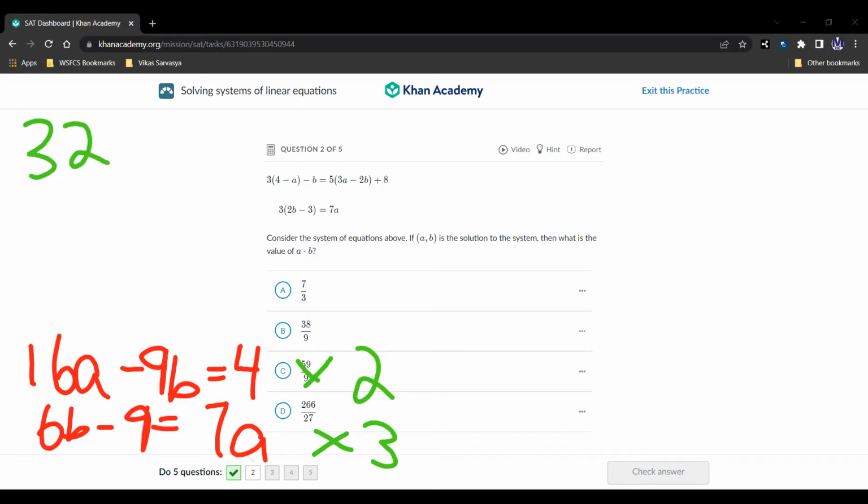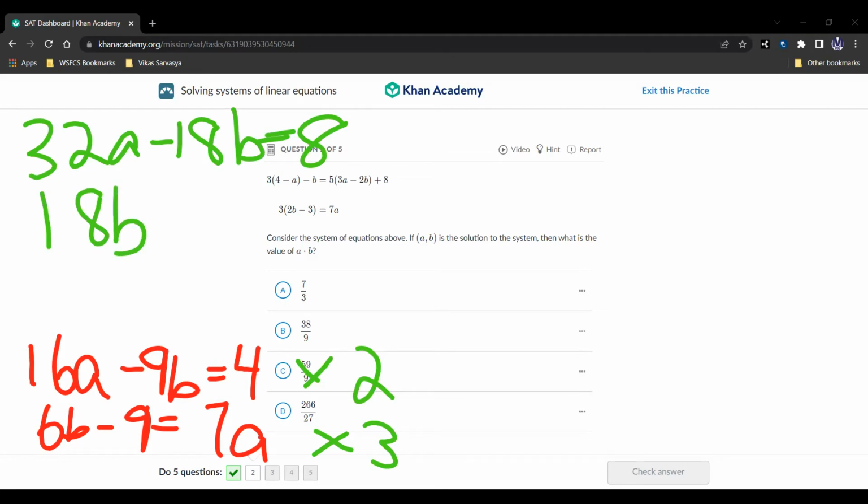We get 32a minus 18b equals 8, and 18b minus 27 equals 21a.